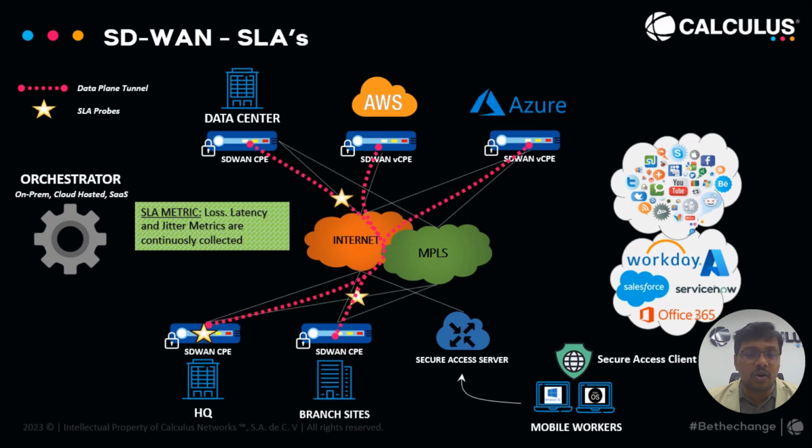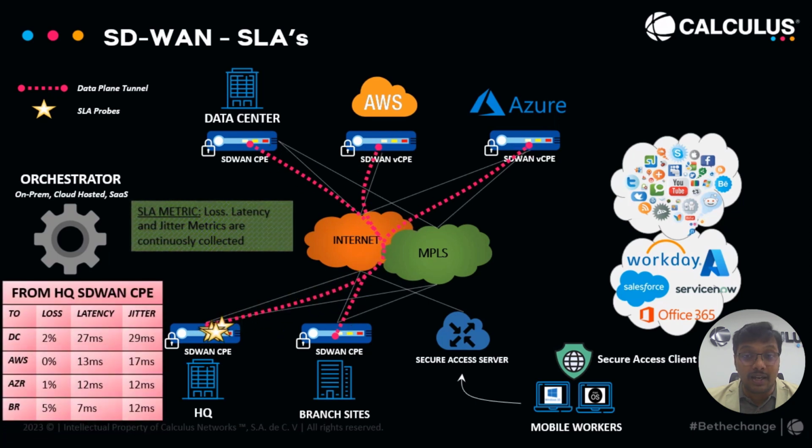Not only to the on-prem DCs, but the probes are also exchanged with the virtual cloud hosted DCs as well, right? The ones you see in AWS and Azure as per the slide. All these details are continuously monitored, captured, and updated in all the SD-WAN routers, right? For our case, we are just discussing from a headquarters perspective, but every box does this from its own perspective, right, to all other sites.